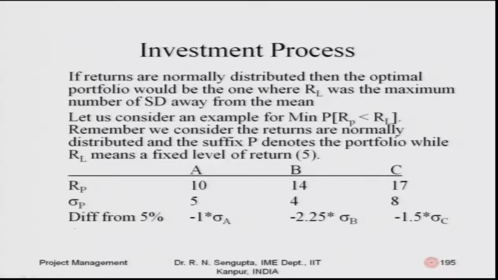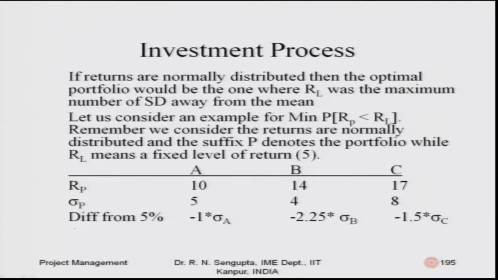The RP values: for A, technically RP comma A, is given as 10%, RP comma B is given as 14%, and similarly RP comma C is given as 17%.